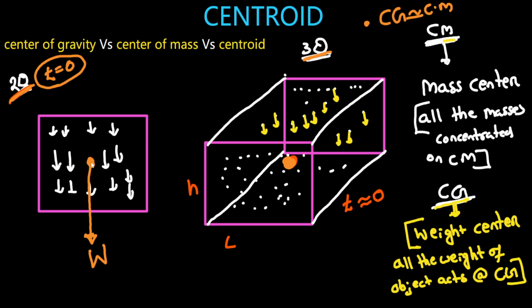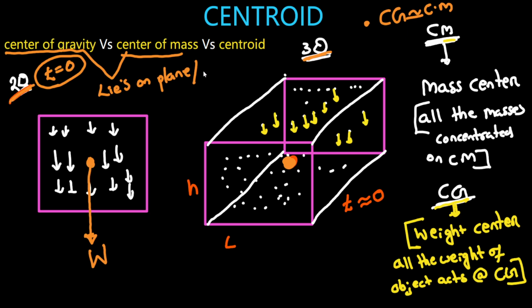Here you see, center of gravity and center of mass, these two always lie on the plane or object. If you are talking about a plane, it will lie on the plane.